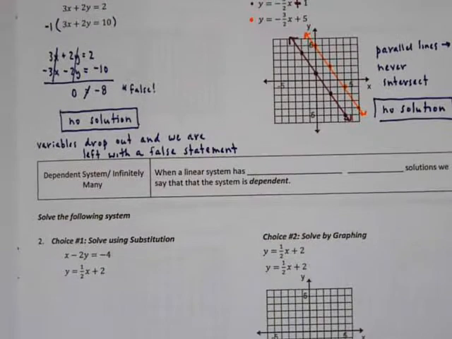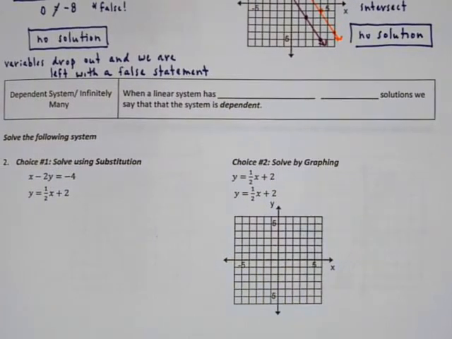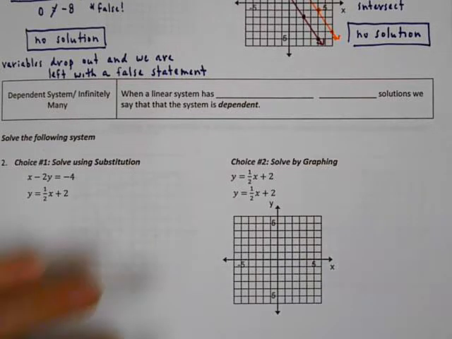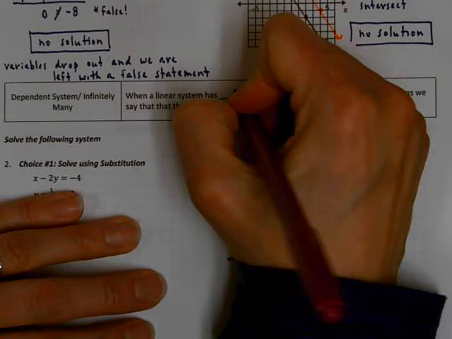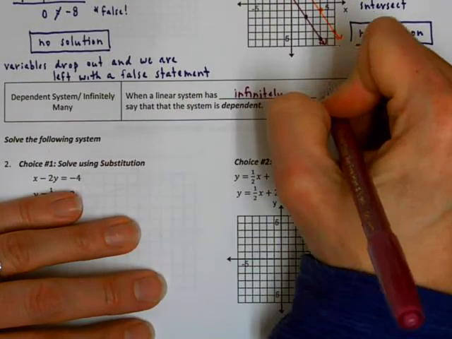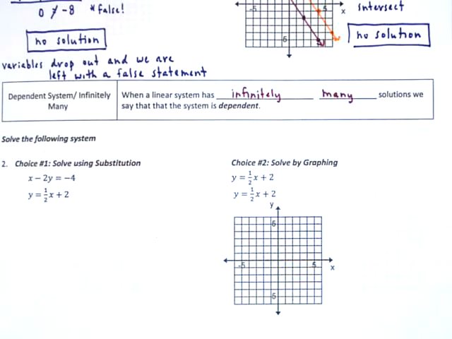All right, next we're going to look at systems that have infinitely many solutions, and we call those dependent systems. So when a linear system has infinitely many solutions, we say that system is dependent.